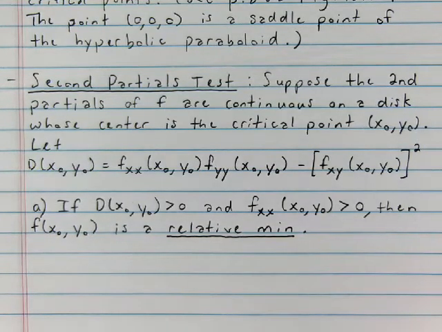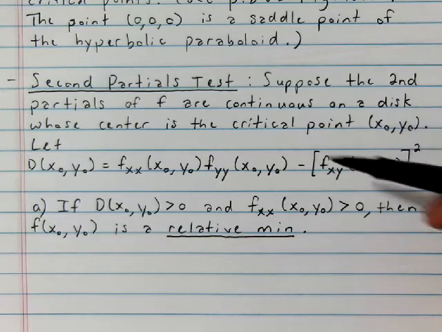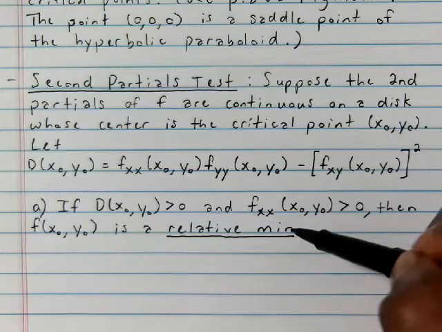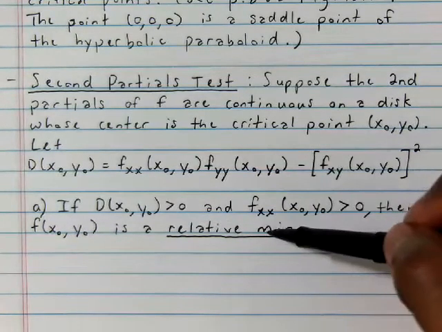And in doing this, you may find multiple critical points, and you would take each one of those critical points and plug them into this function. So if you end up with this scenario, you know that that particular critical point is a relative min.